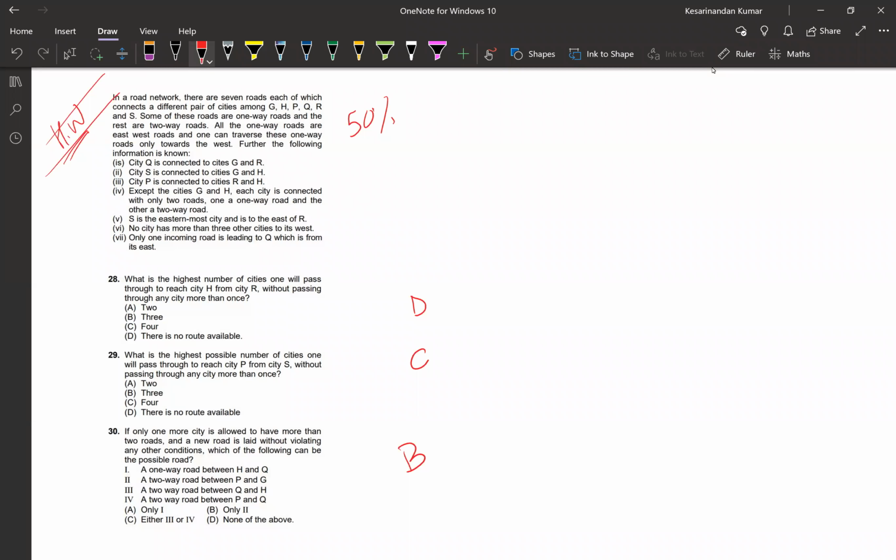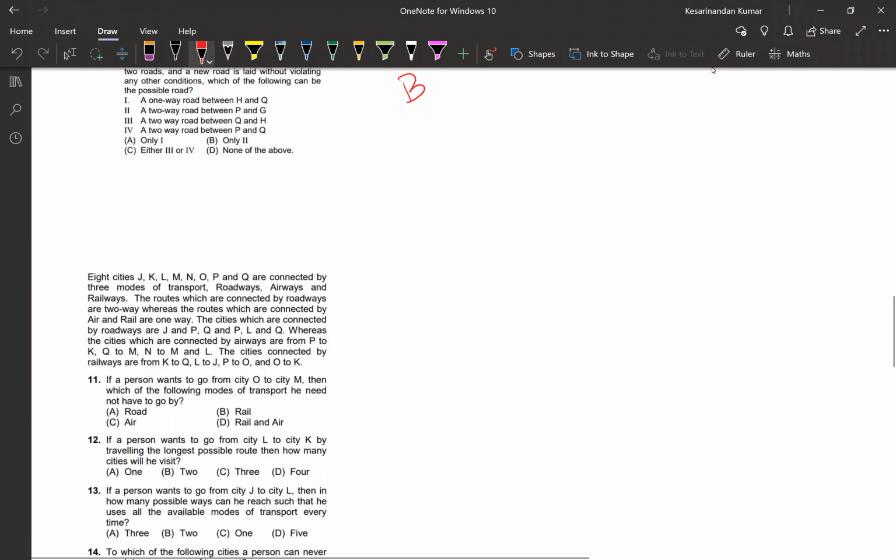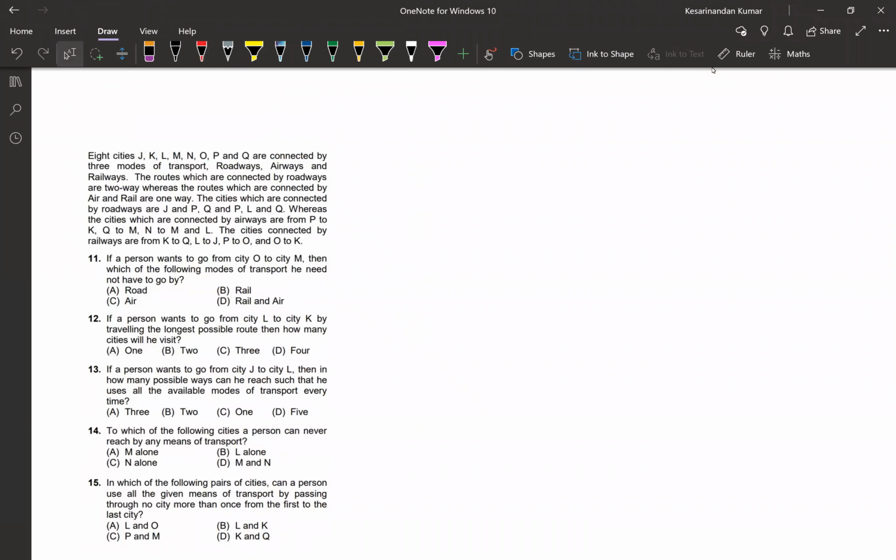Okay, let's move forward then. With this done, let's solve this one. This is slightly more challenging than the previous one as well. So, 8 cities J, K, L, M, N, O, P, Q are connected by 3 modes of transport: roadways, airways, and railways.